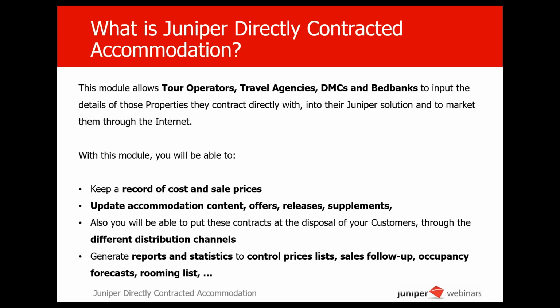With this module, you will be able to keep a record of cost and sales prices, update accommodation content, offers, releases, supplements. Also, you will be able to put these contracts at the disposal of your customers through the different distribution channels. And also, you will be able to generate reports and statistics to control price list, sales follow-up, occupancy, forecast, room lists, etc.